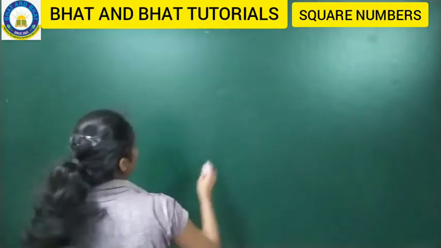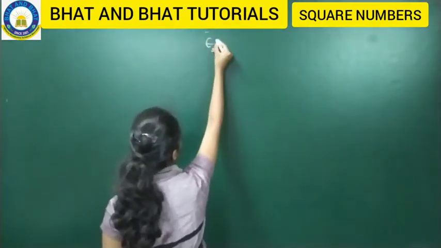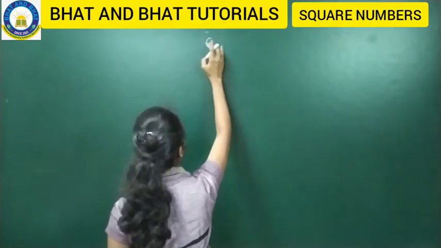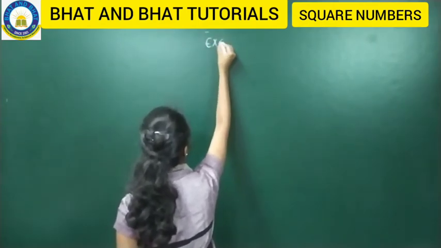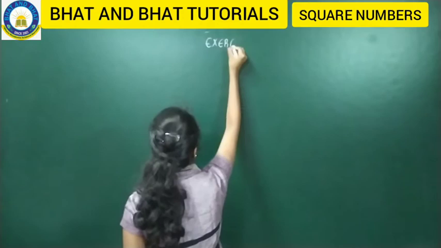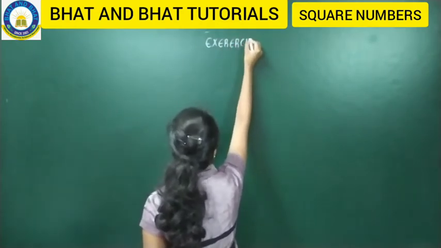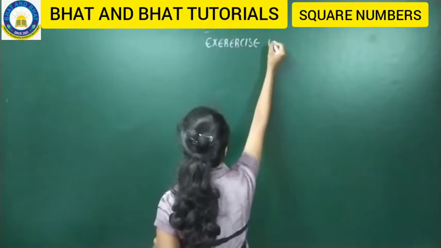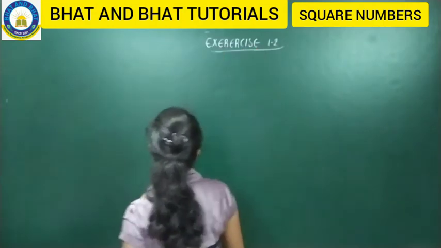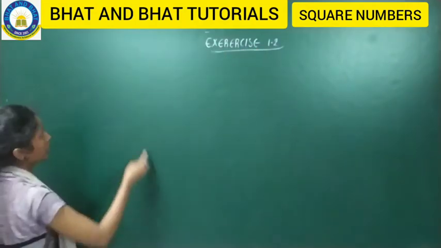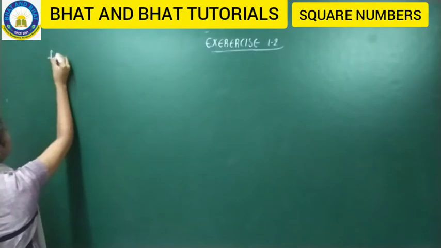So this is your exercise 1.2. In the last session we had completed exercise 1.1, right? So this is exercise 1.2, you can name it as. Okay, now take down the question.